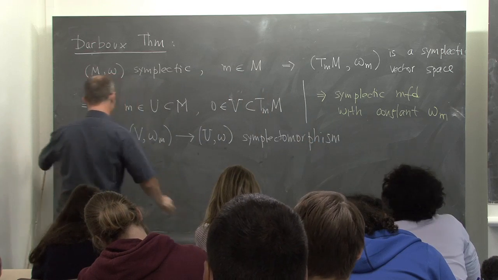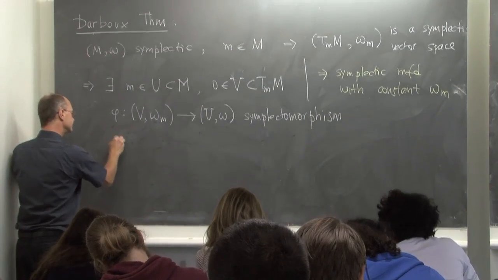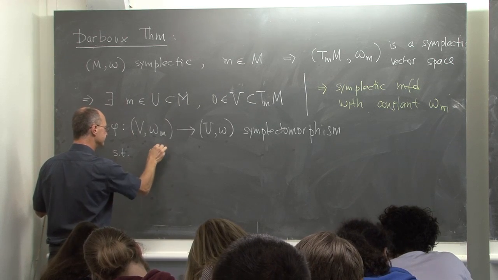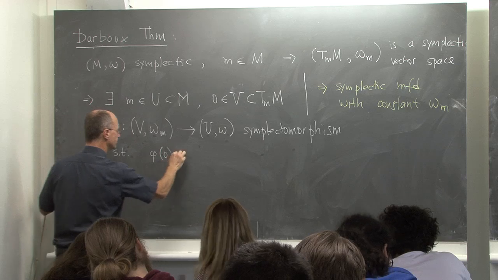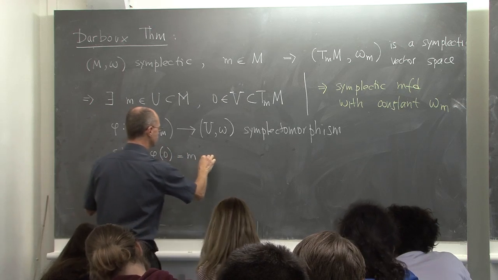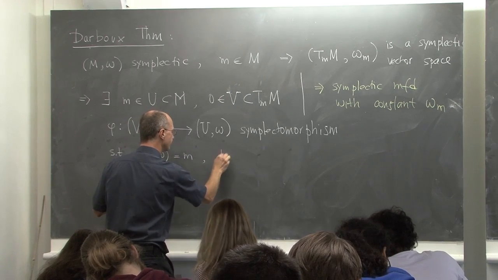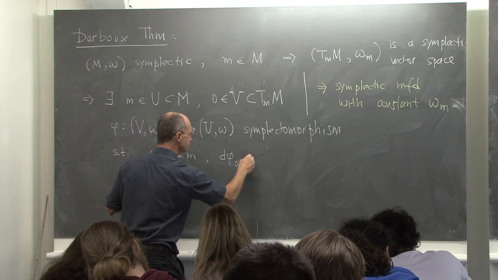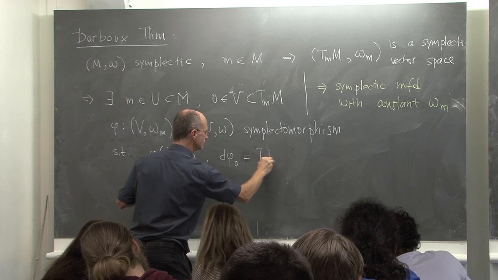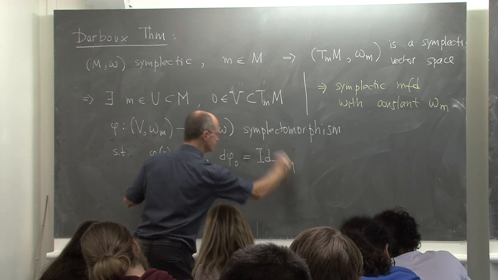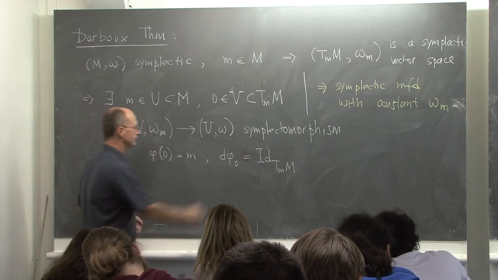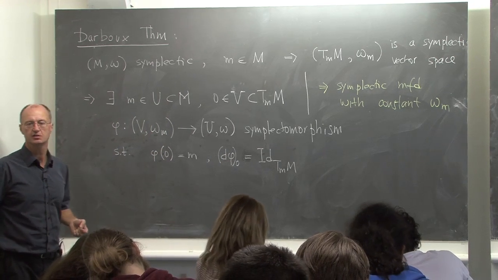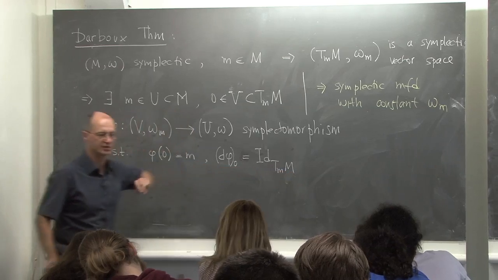It's a symplectomorphism such that phi of 0 is equal to m, and the derivative of phi at 0 is the identity of the tangent space.